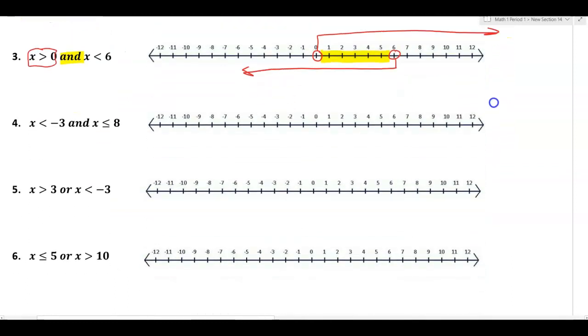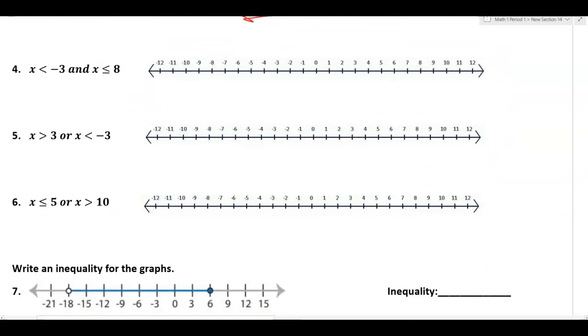Okay, now, example 4. x is less than -3 and x is less than or equal to 8. So when I look here, this is a difficult one. Less than -3 tells me I'd go open circle on -3, shade left.